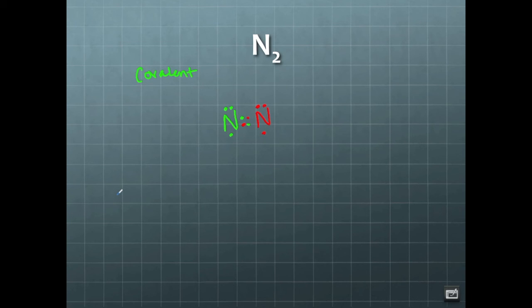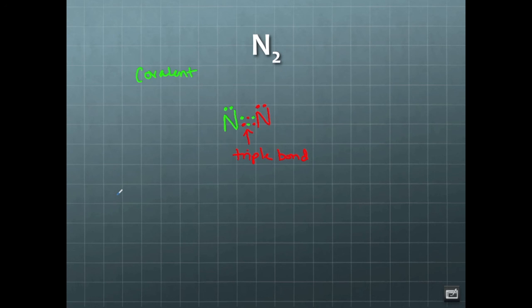We've got a double bond, but we're not quite happy yet. So let's move in one more pair of electrons. Now each of my nitrogens is seeing 8 electrons because we've each got one lone pair, and then we're sharing 6 electrons to make what we call a triple bond because there's 3 pairs of electrons.